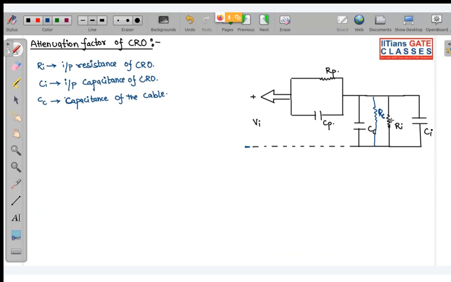No. Basically this Ri is very, very high, so the overall combination with Rc will be very low. Rc is approximately equal to 0. So the overall resistance will be very low, the input resistance of your CRO will be very less. So that is why it is not over here. Okay, fine.